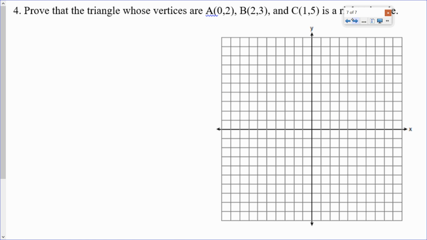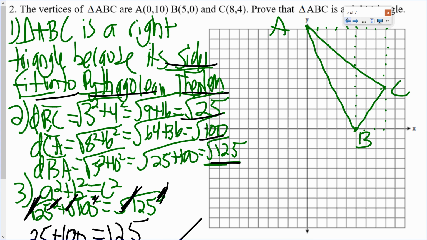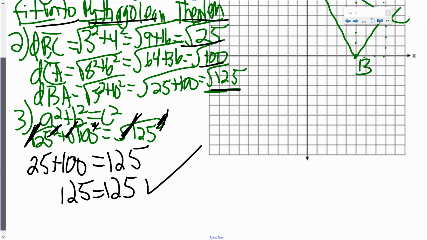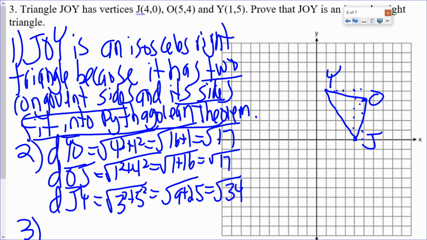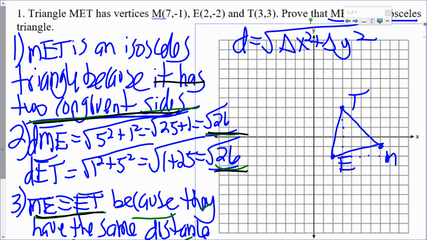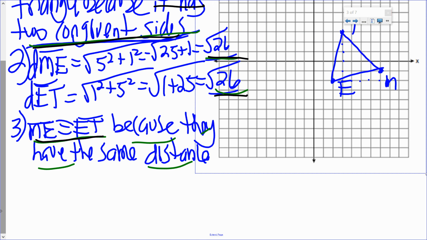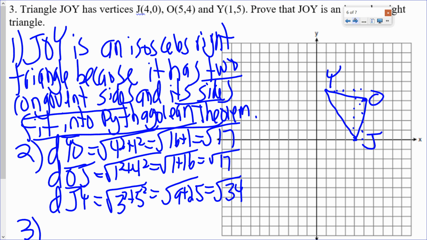As a model, look back at number 2 for how to show its sides fit into Pythagorean theorem, and look back at example 1 to show how we do the two congruent sides. Please pause, complete step 3 on your own, and then unpause.